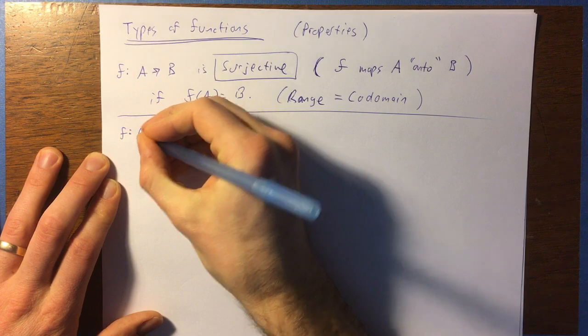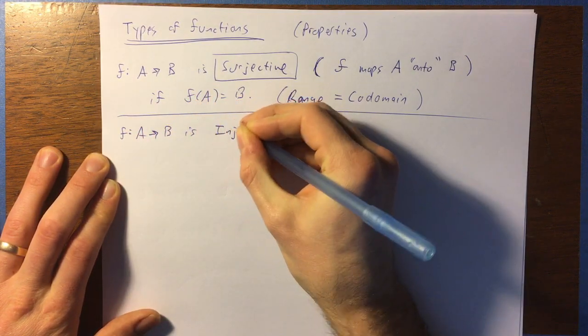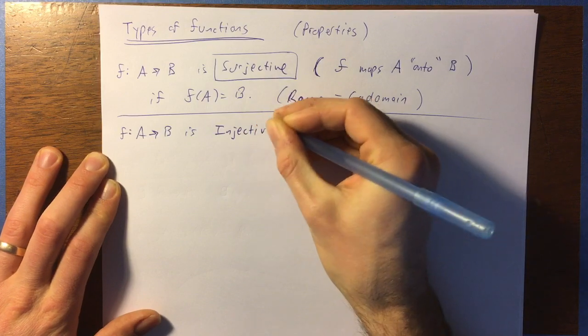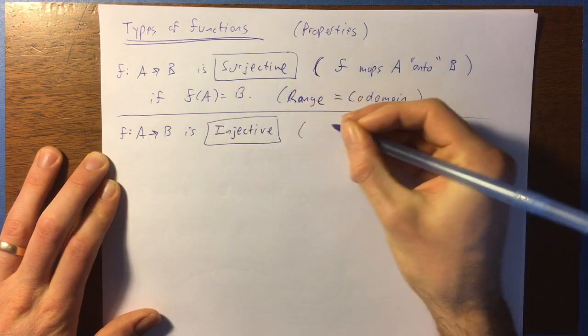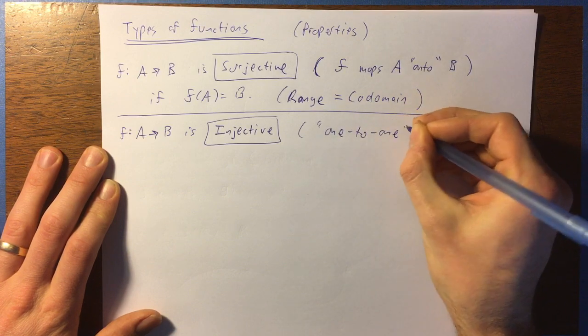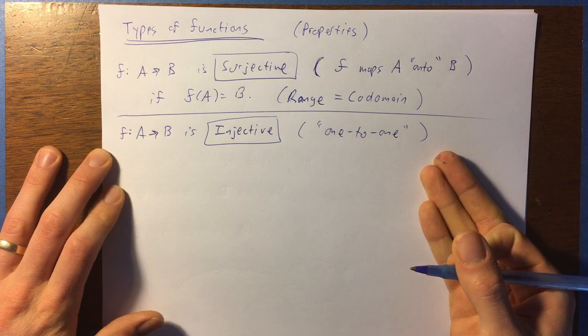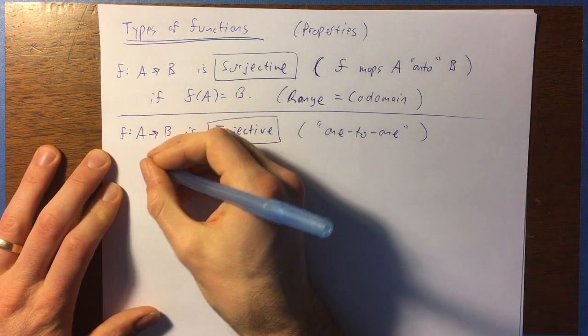The next one is called injective. A function f is called injective, which is also sometimes referred to as one-to-one, a term you may remember from algebra class. You actually learned about this back in college algebra.